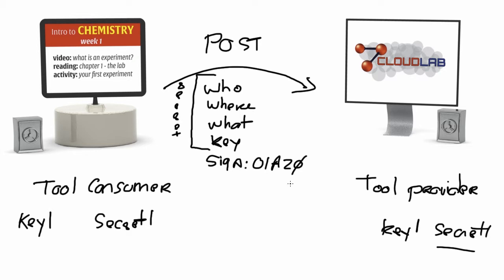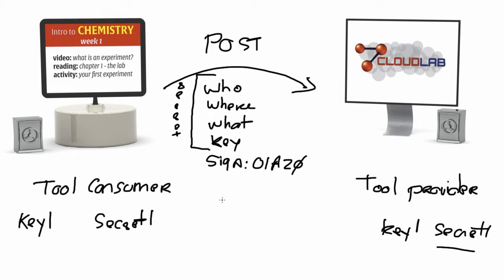But if the signatures match, then that means the system that sent the request also had the same secret, so it can be trusted. The recipe is very important, because if you get anything wrong in the build-up of this recipe, you might have a wrong signature, making you think that it's an untrusted link even though it's actually trusted, but the two sides did not agree exactly on how to do the same recipe, and therefore you get different signatures.